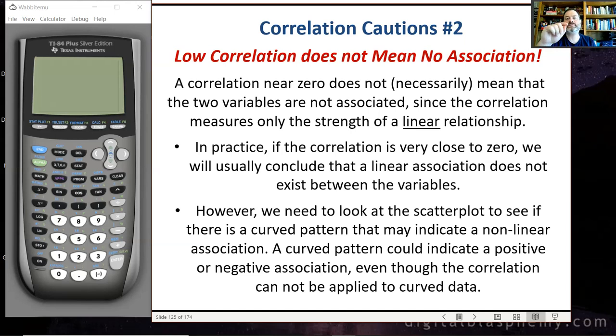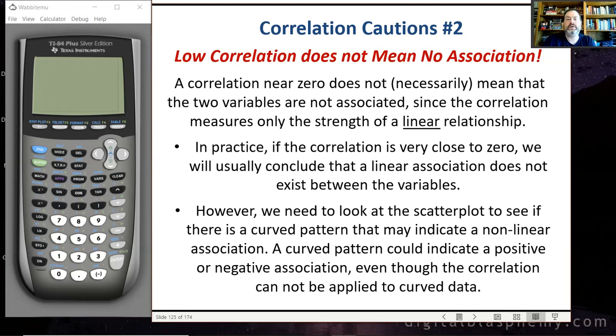If your correlation is 0.01 or negative 0.01, no association. It might exist in the real world, but we don't study it to that extent in this class. So for our purposes, if your correlation is 0.05, you can also say no association. So really, as long as it's within, let's say, 10 percentage points on either side, if you're thinking of it as a percent, if that helps you remember.